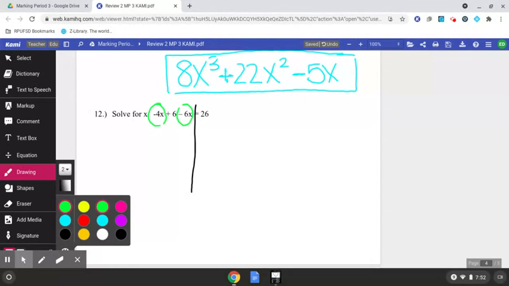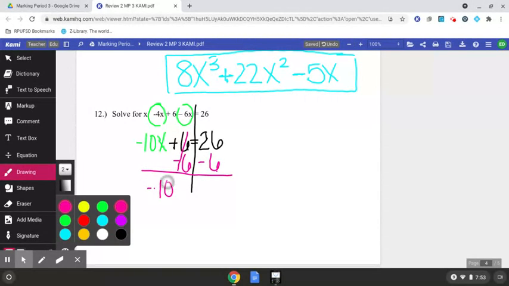So negative 4 and negative 6 is negative 10. I'm giving you the answer. So negative 10x, I'm bringing down that plus 6, the equals, and the 26. Now it's a two-step equation, which we did when we were, I think it was example 4. So we're going to subtract 6 from both sides.